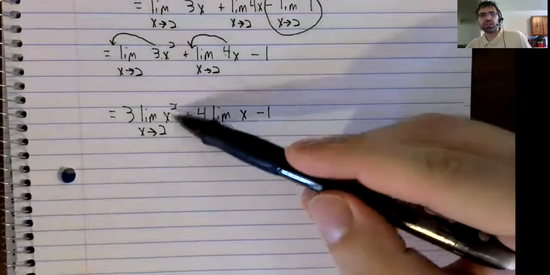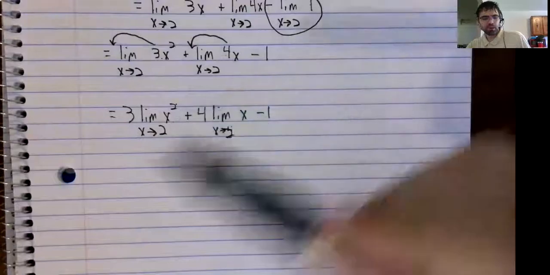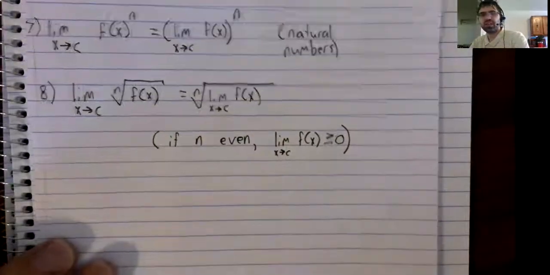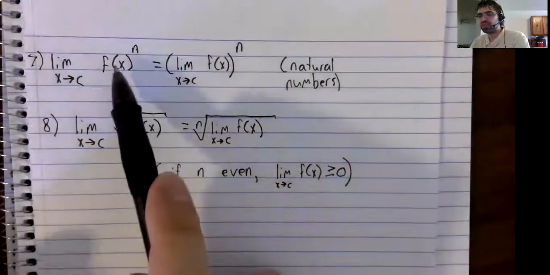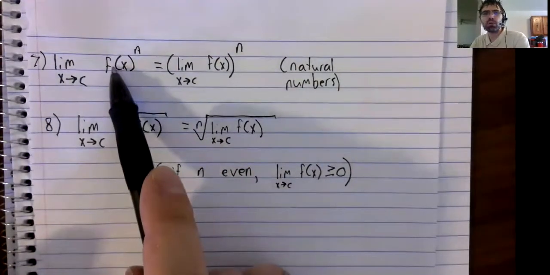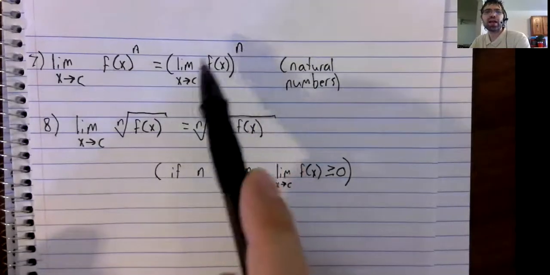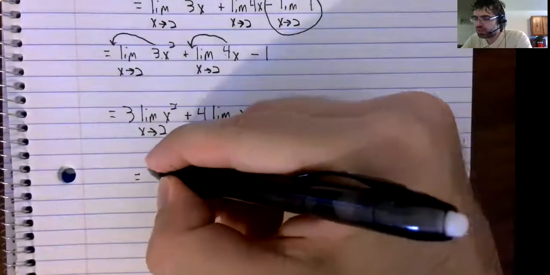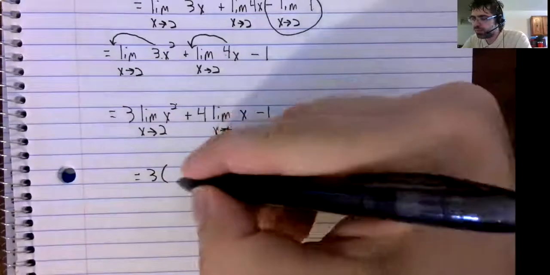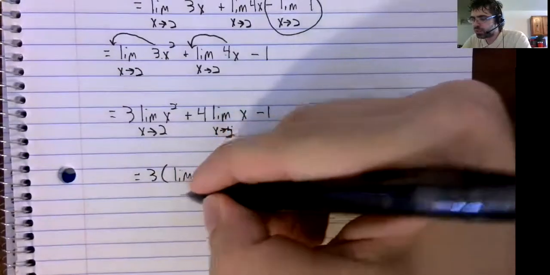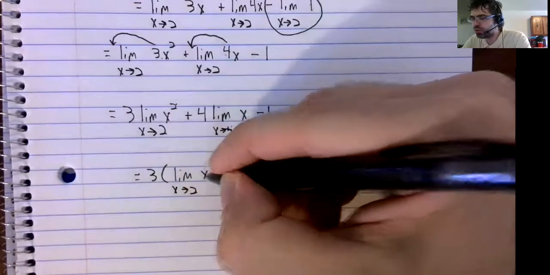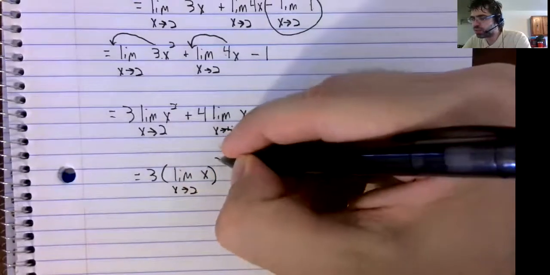We have the limit of a power here. It was our 7th rule that says if we have the limit of a power, that's the power of the limit. So this is 3 times the limit as x approaches 2 of x squared.